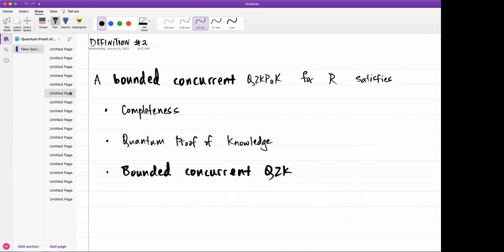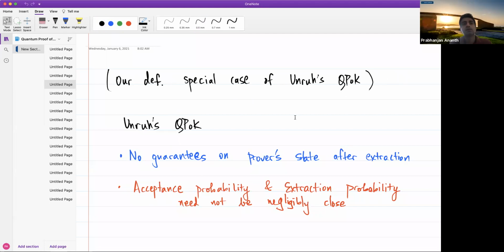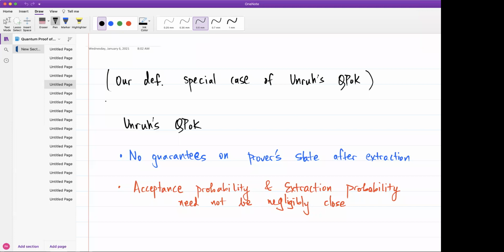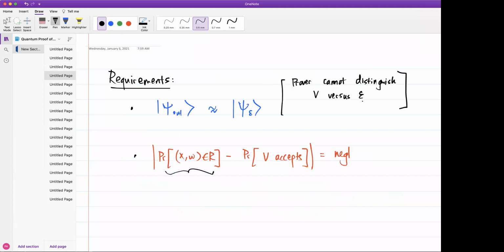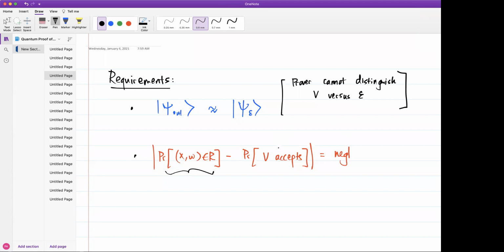Okay, so can I ask just one quick clarification? Sure. If you go back one slide, don't you actually need to consider something about the joint distribution here? I mean, you want that the joint distribution, say, on the final state conditioned on the verifier accepting should always be the case. Yeah, in some sense, these two requirements are just one requirement. Well, I'm saying that requiring something on the joint distribution is a little bit stronger.